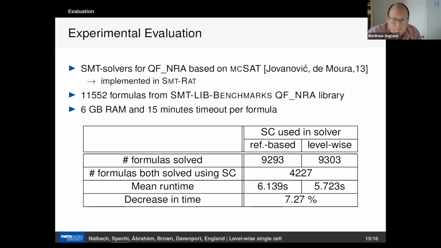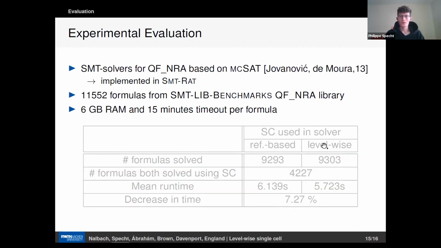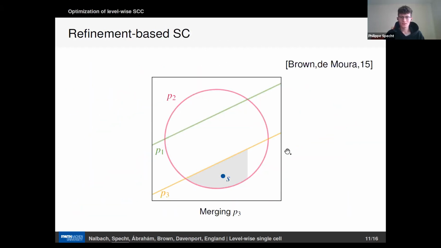Okay, so because this slide is comparing the level-wise approach with the approach from 2015, are the times on this slide for the bigger cell heuristic or for the other one? Okay, so we need to make a distinction because there's a difference.